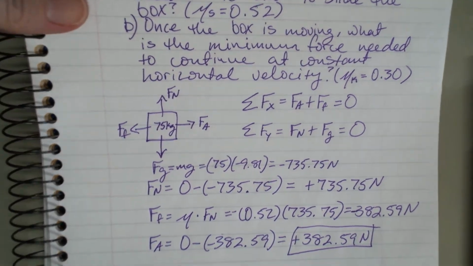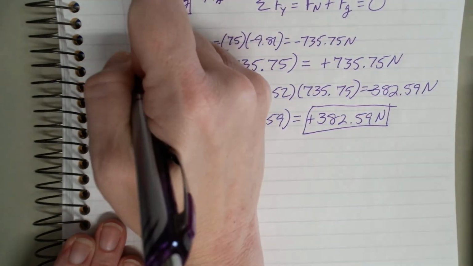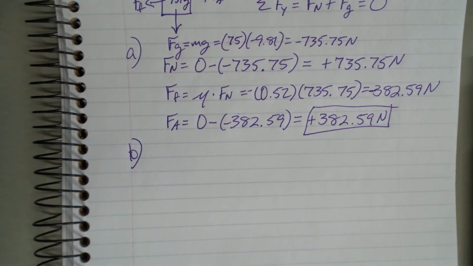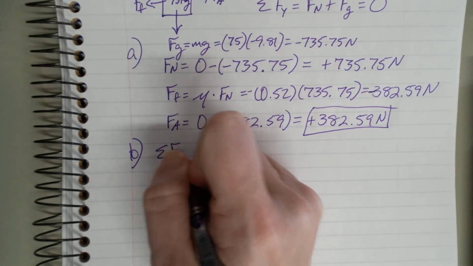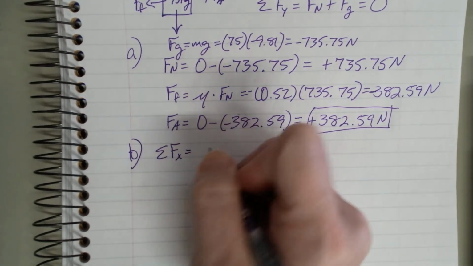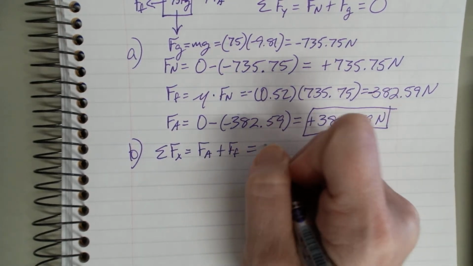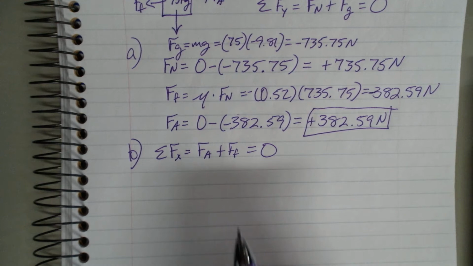We've already calculated that. So what they're asking for in part B, I'm still going to have the same summation equation. My sum of my forces in my x direction is equal to Fa plus Ff, and that's going to equal 0 because it's moving at a constant velocity. So now I'm in dynamic equilibrium. But my friction will be different because I have a different mu.